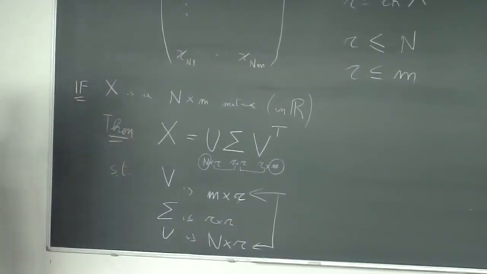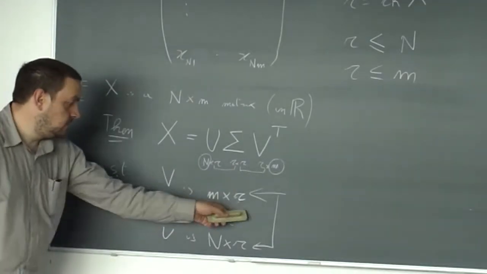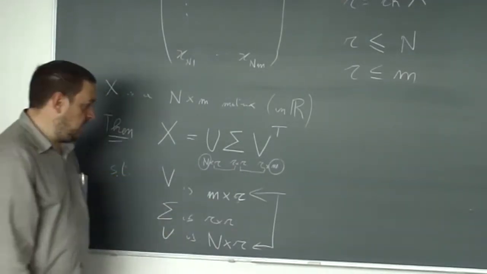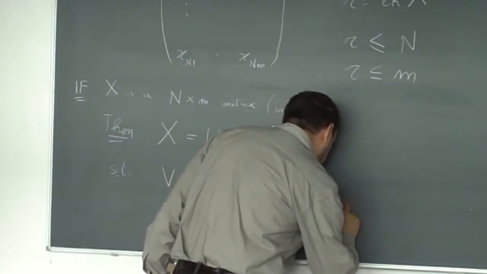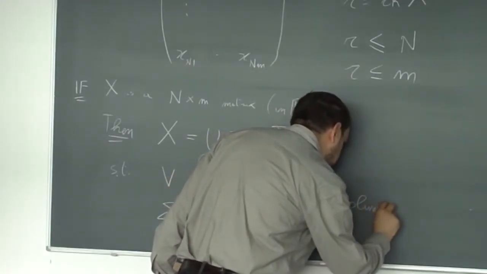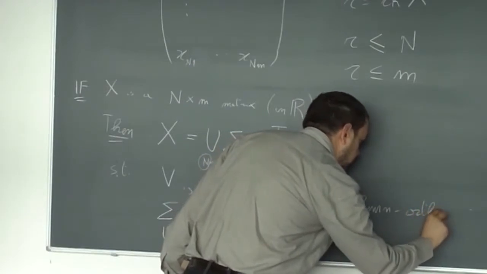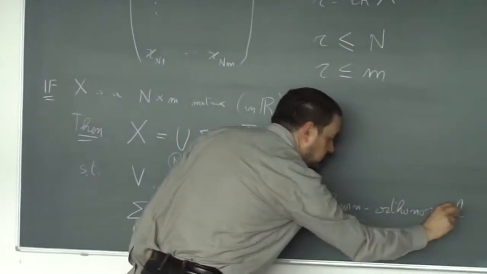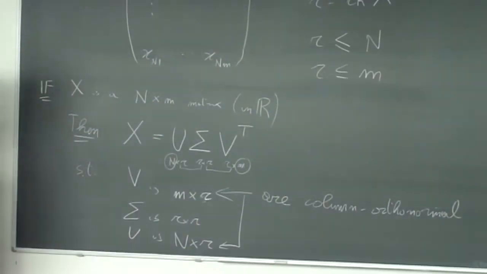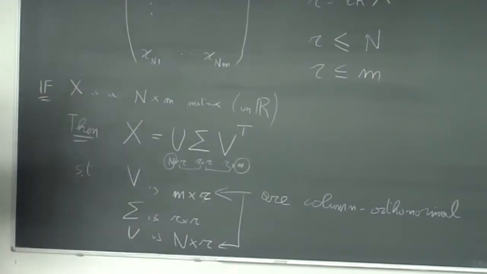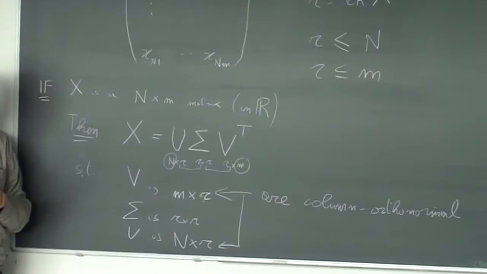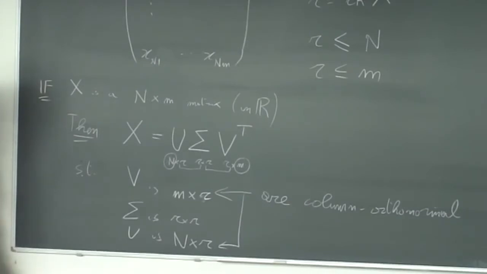So if V transpose must be R by M, of course V is M by R. The two matrices U and V are column orthonormal, meaning that if you take two columns of V and you take the dot product of those columns, their dot product is 0, so they are orthogonal, unless, of course, they are the same column. In that case, the dot product is 1.